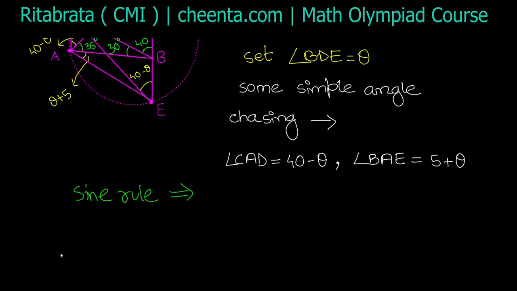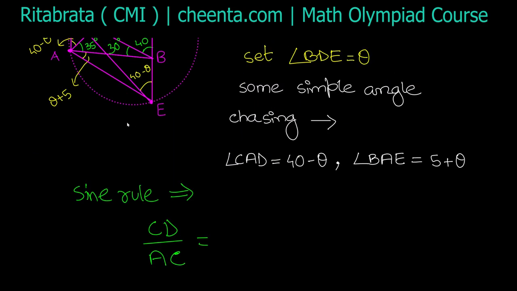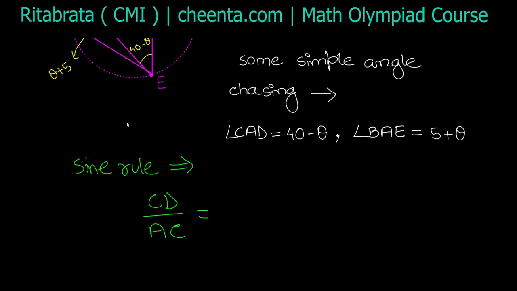So CD by AC: the opposite angle of CD in that triangle is 40 minus theta, and the angle opposite AC is 75 plus theta plus 40, that is 115 plus theta. So this is sine of 40 minus theta by sine of 115 plus theta.